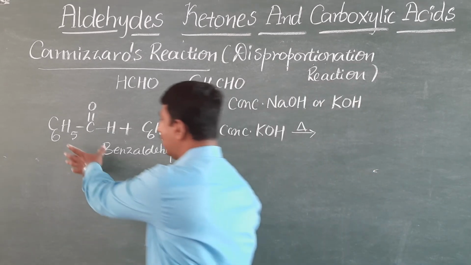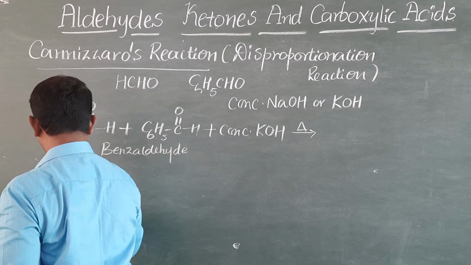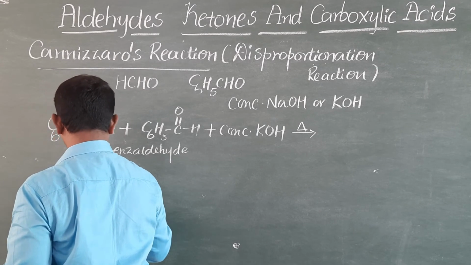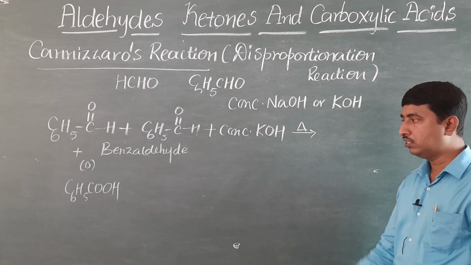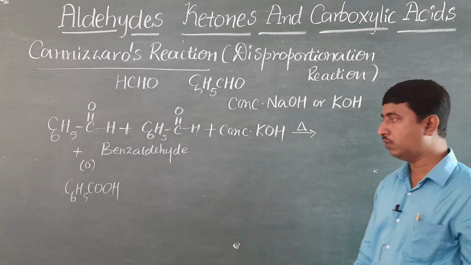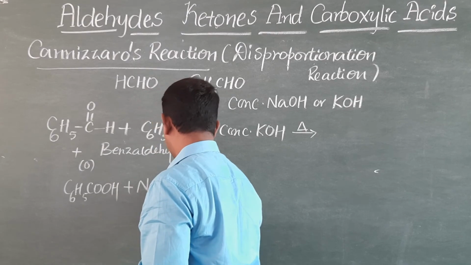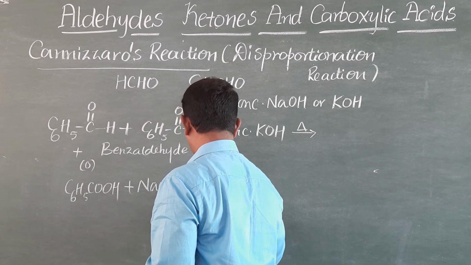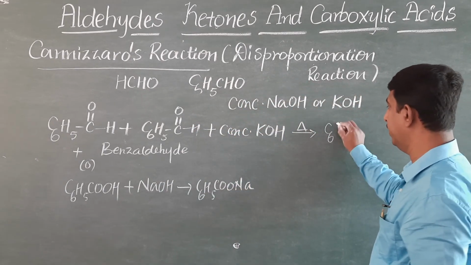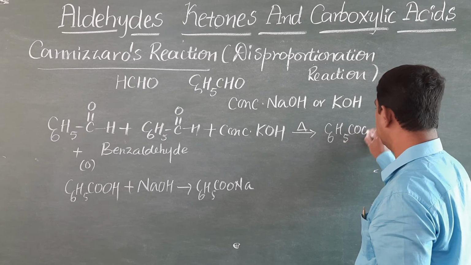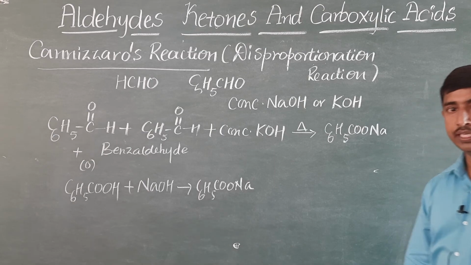This aldehyde will undergo oxidation forming benzoic acid. C6H5CHO becomes C6H5COOH, benzoic acid, which will react with the base present in the medium forming C6H5COONa. This is the product obtained due to oxidation of benzaldehyde.